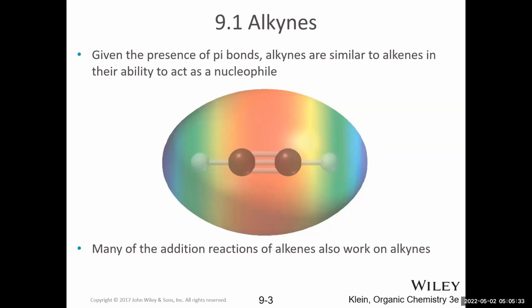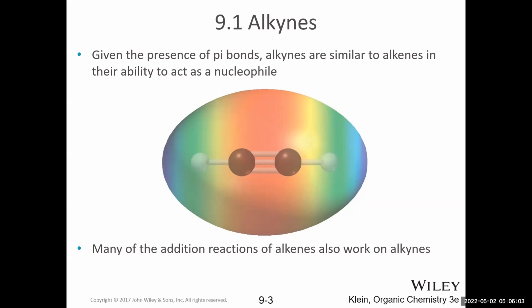So just like alkenes, alkynes have pi bonds that are reactive. And the pi bond can react the same way that it did with alkenes. So it can act as a base or a nucleophile. There's a lot of electron density that's weakly held between those two carbons, and that can be used to form sigma bonds. So we're going to be looking at addition reactions to alkynes, and you're going to notice that they're very similar to addition reactions to alkenes from the last chapter.